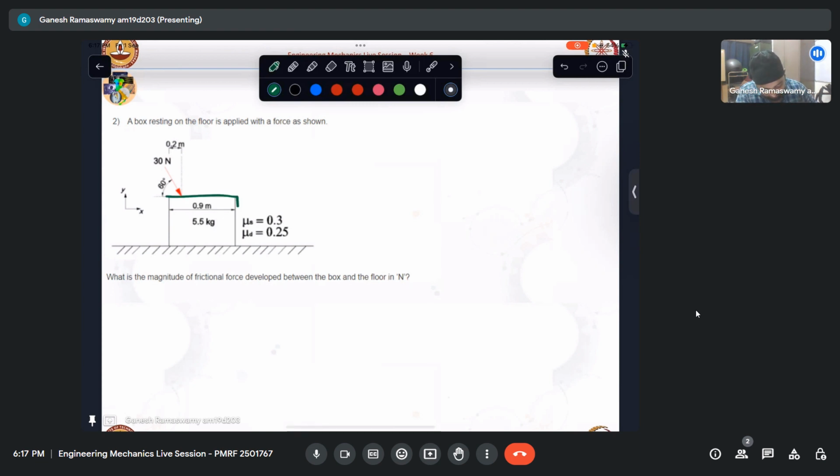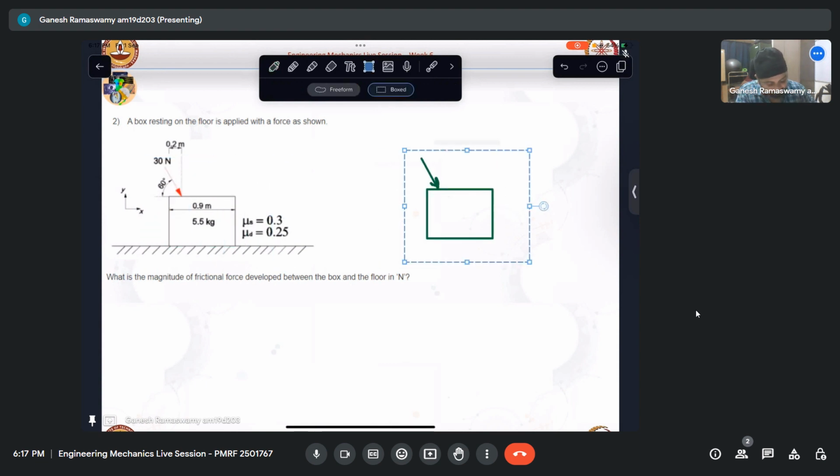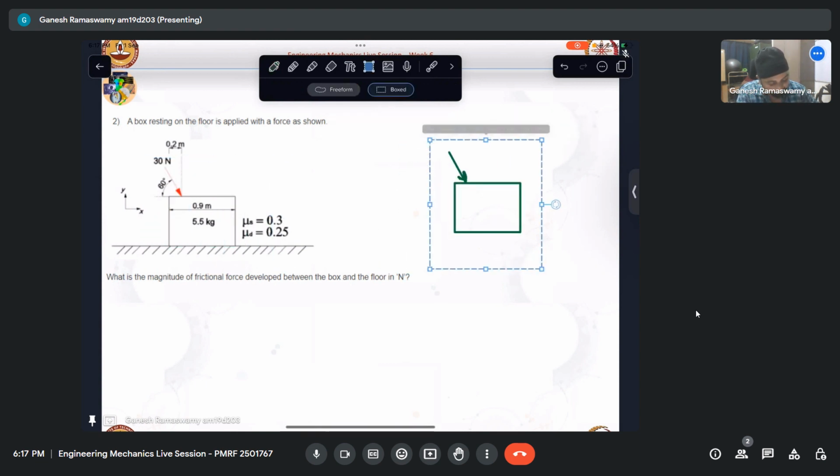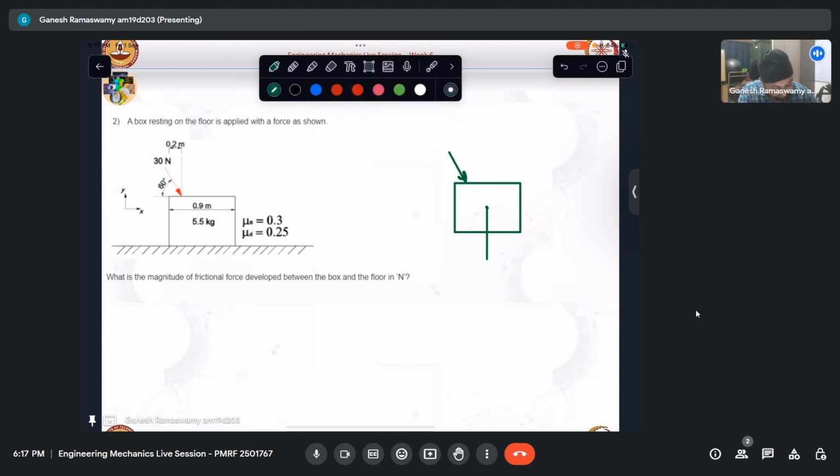So we have a box like that, and then I have a force acting like that. So let me take this here. Now I have my mass acting like that, which is 5.5 G. G I will substitute later.